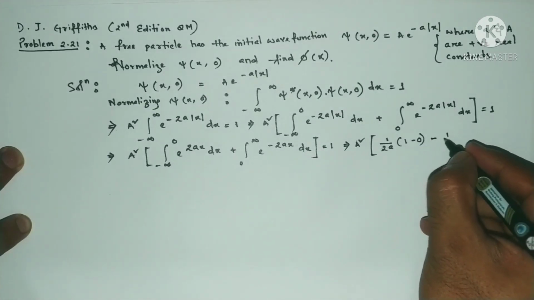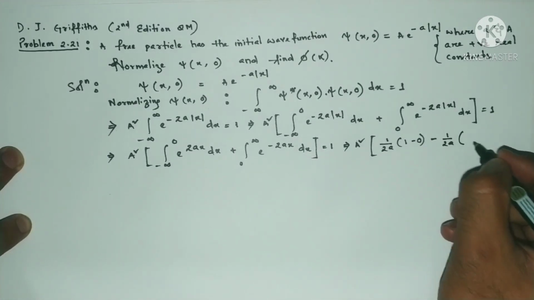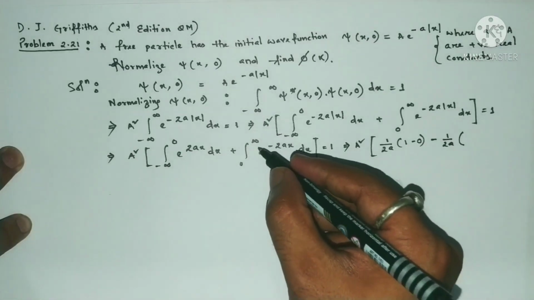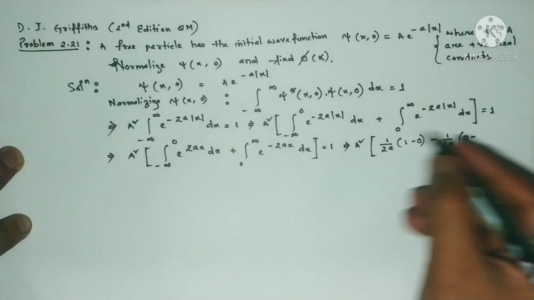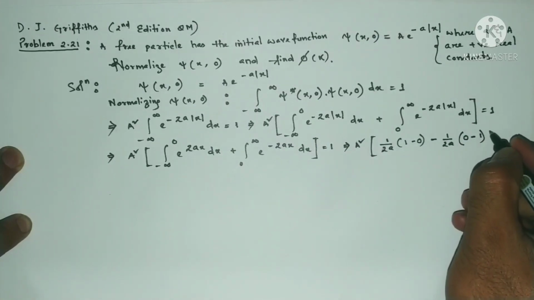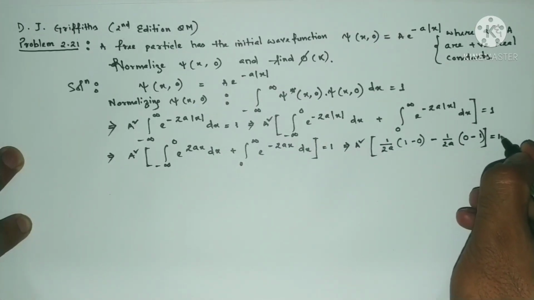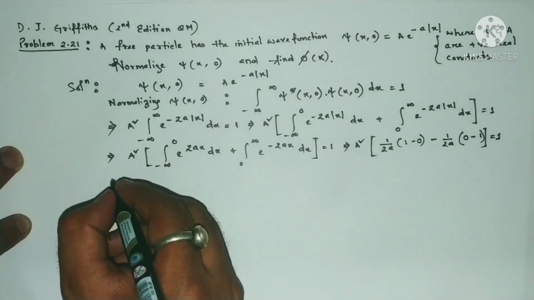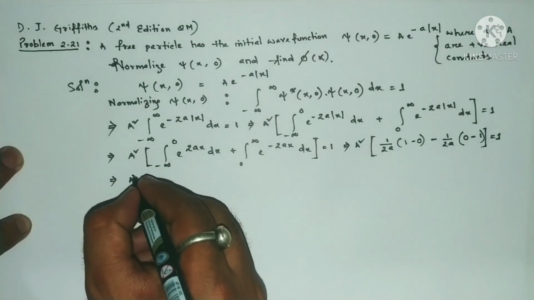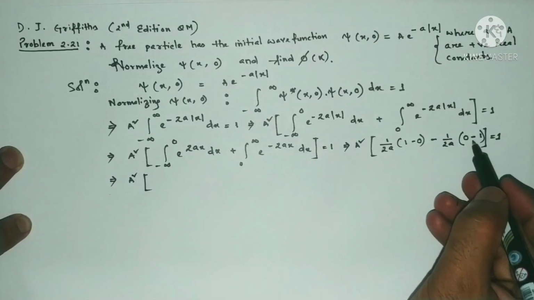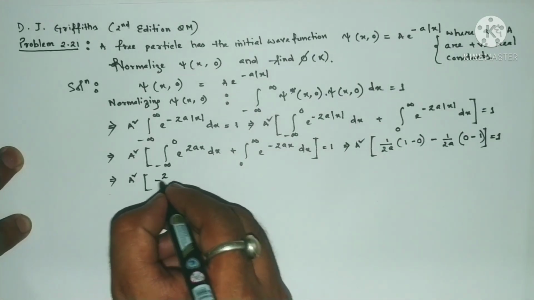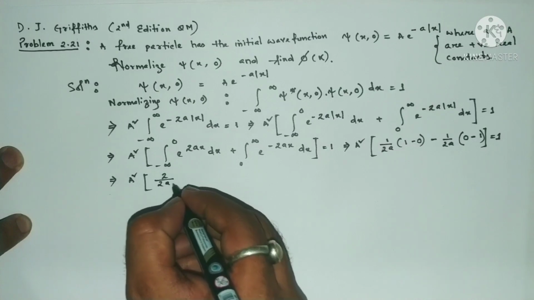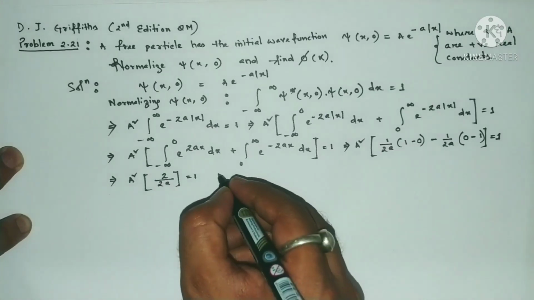So minus 1 by 2a in bracket, e raised to minus infinity is going to give you 0 minus e raised to 0, which is going to give you 1. So this ultimately is equal to 1. So finally you are going to get A square, this minus and this minus is going to be plus, so I will have 2 by 2a equal to 1.